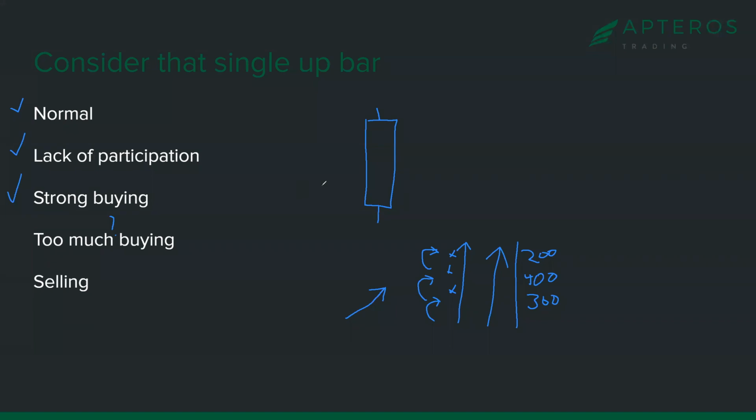And so if there's a ton of buying, that is, there were thousands and thousands of contracts bought, and maybe a recent bar looked like this for an up bar, and it only took 400 contracts to buy to make it go that high. And this was 4,000 contracts, and it only went this high. That's one of the ways that this bar could occur.